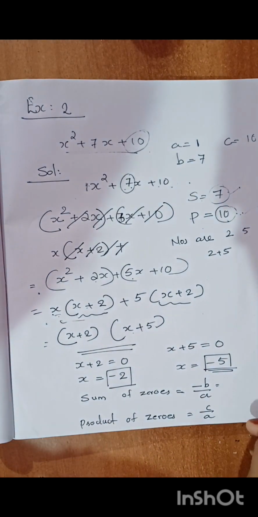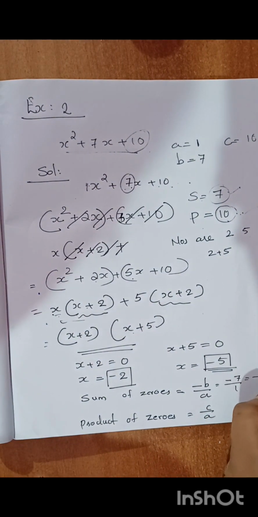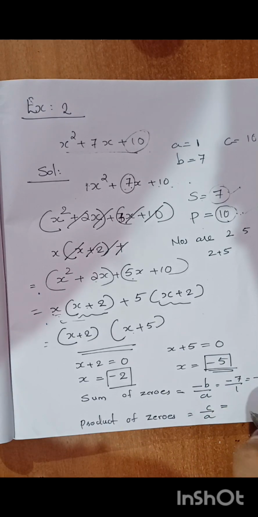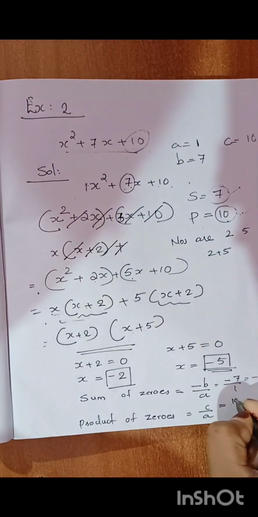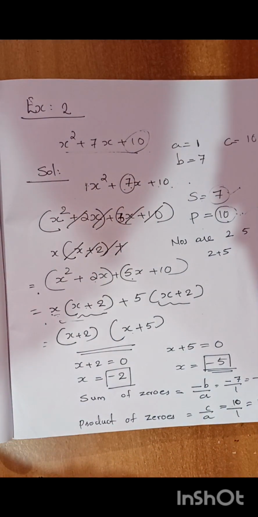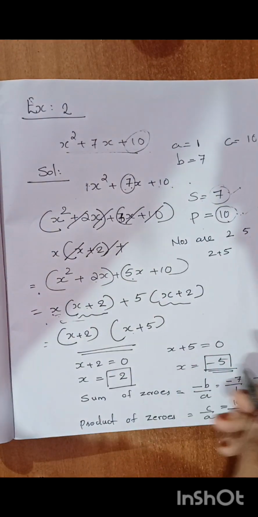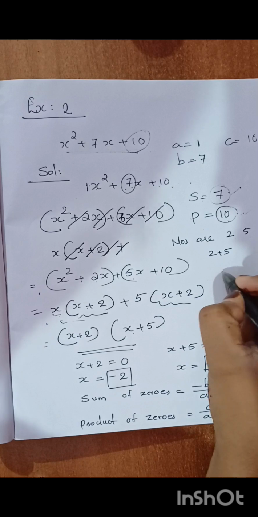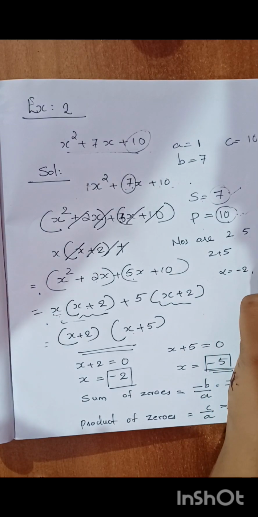So here minus b by a means minus 7 by 1, answer is minus 7. And here c by a is the constant, here it is 10. So 10 by 1, answer is 10. Okay. Then you have to verify this relationship. We have already got the zeros: alpha is equal to minus 2 and beta is equal to minus 5.